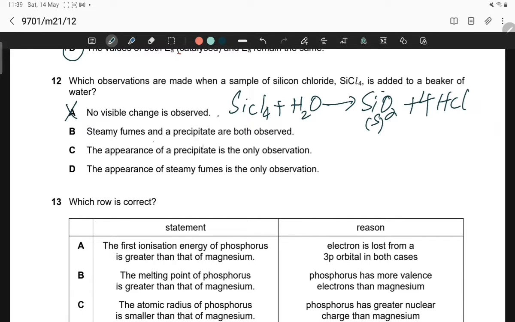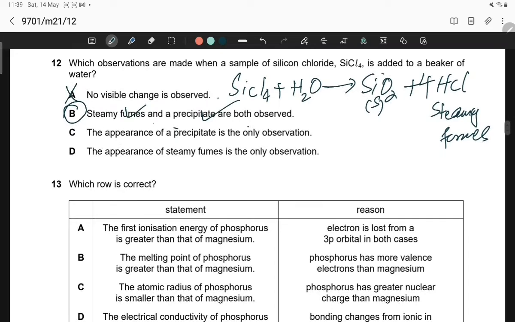Steamy fumes and precipitate are both observed. Yes, HCl is the steamy fumes, and solid silica is produced. So this must be correct.